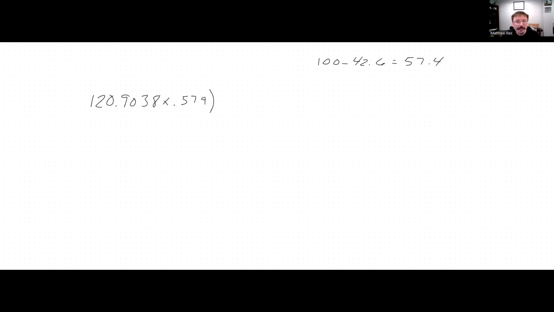And then we're going to add that to the weighted mass for the second isotope, 122.9042 times its abundance, which we were given, 42.6%.